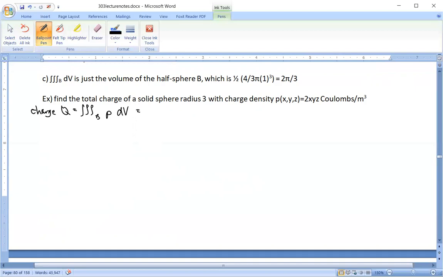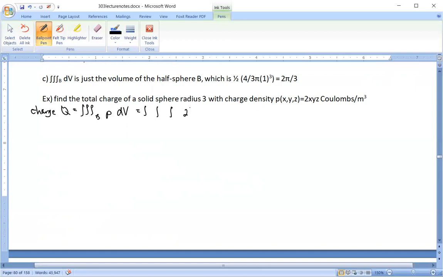So what is this? There's going to be a triple integral. The first thing I'm going to do is set up the function first. So what is the function? The function is going to be 2 times x. Well, we know how to convert from rectangular to spherical coordinates.